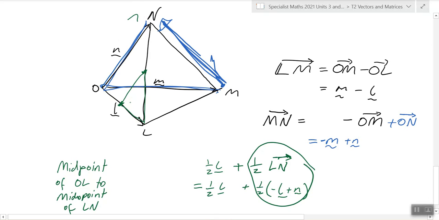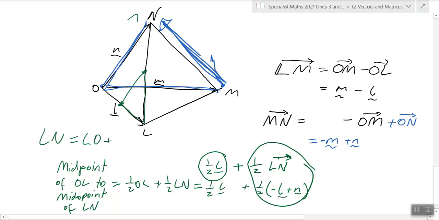See the length OL? So I'm going half OL plus half LN. Does that make sense? So half of OL is a half L.